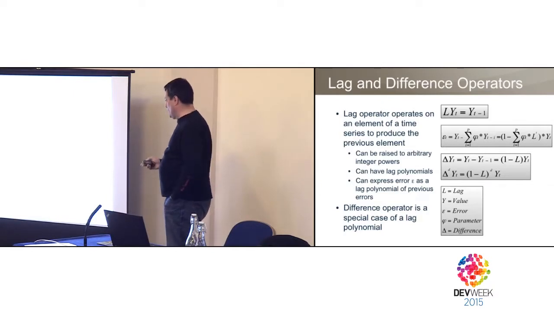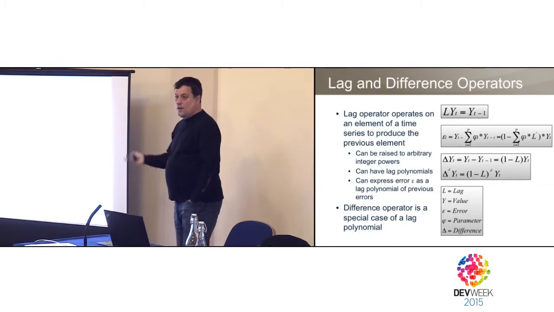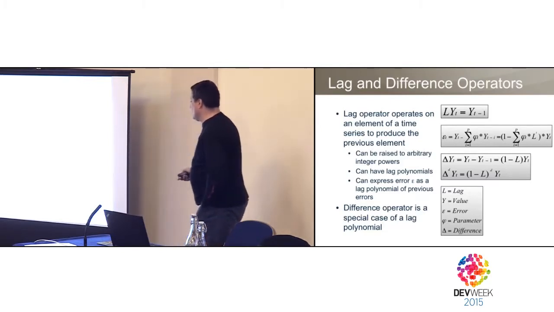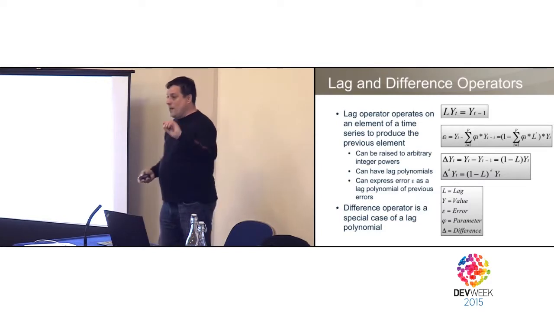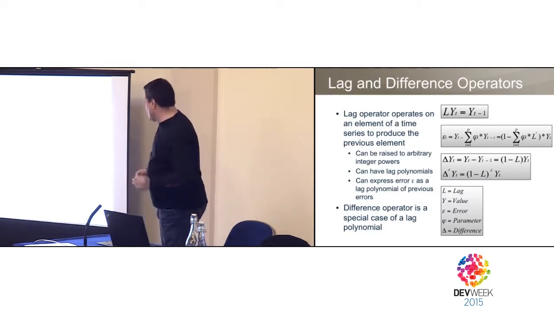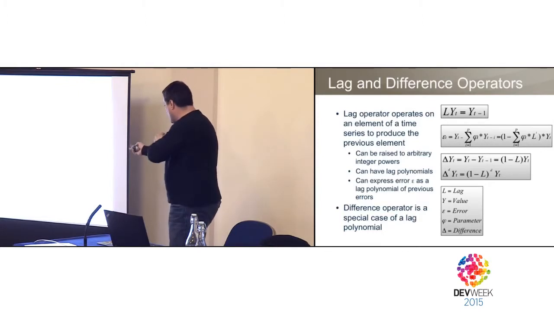Now we can use more time points from the past, so we get a lag exponent, a lag polynomial, so we can raise this to arbitrary integer powers. And remember that we also have some noise or error. So we can also express errors as lag polynomials of previous errors. We can have a similar definition also for errors, right?